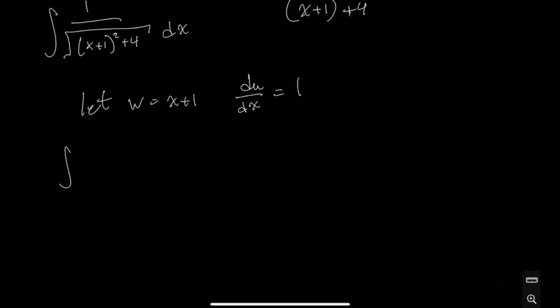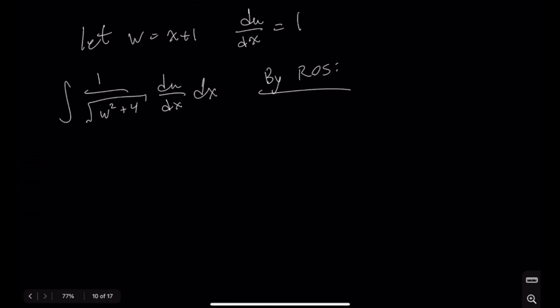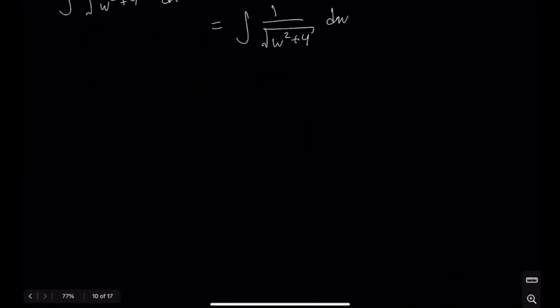So I'll have this square root of w squared plus 4, and then dw. And then by the rule of substitution, this is going to be equal to the same thing, but you have to explicitly state dw.